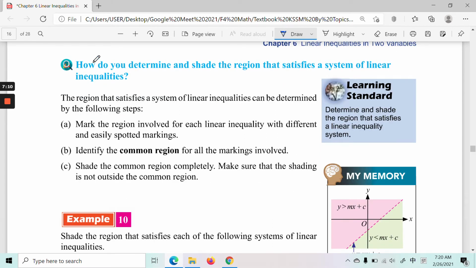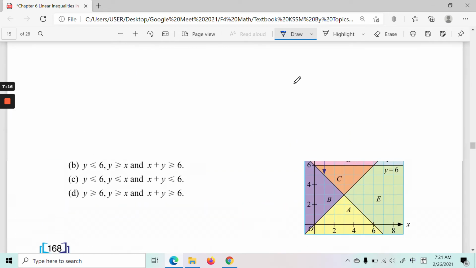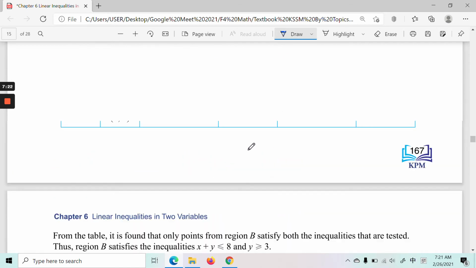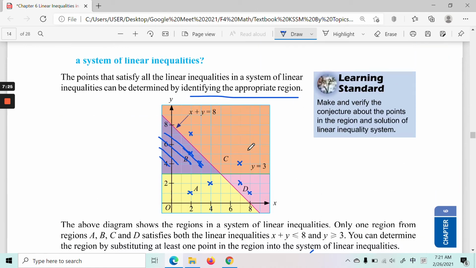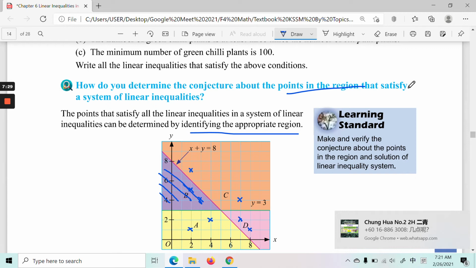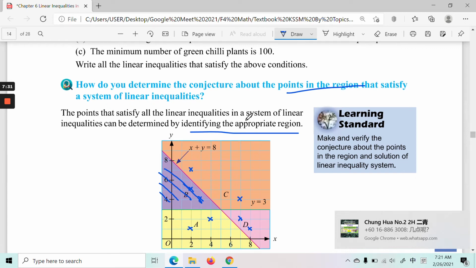Okay, how do you determine and shade the region that satisfies the system of linear inequalities? So this part just now is you double check whether the point satisfies. Previously, what you do is you determine the conjecture about the point in the region whether they satisfy the system of linear inequalities or not.